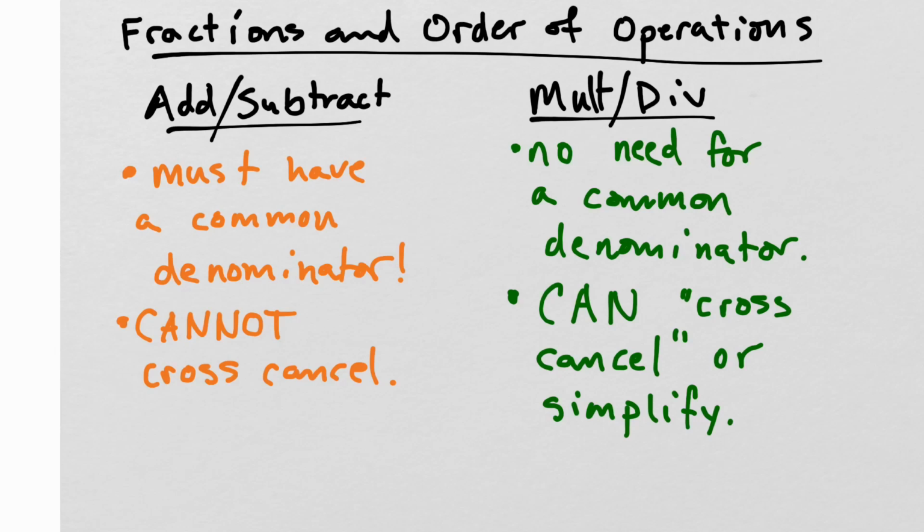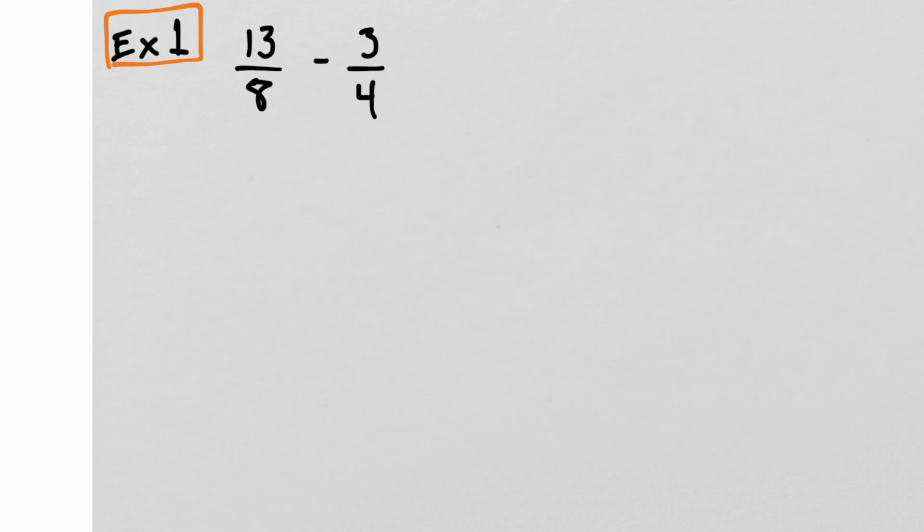This is for adding and subtracting fractions. I should have put that. So here I'm subtracting, and I don't have a common denominator. What I can do to get a common denominator is think about the least common multiple of both of these numbers, and the smallest would be 8.